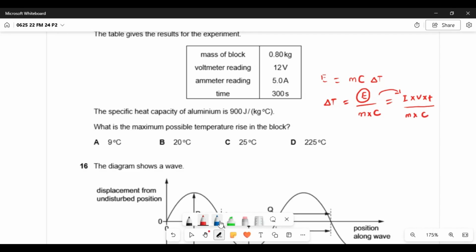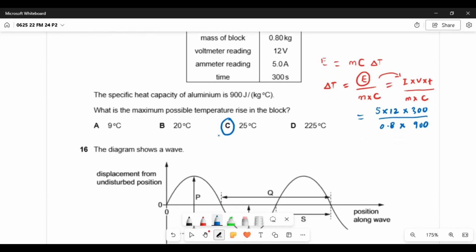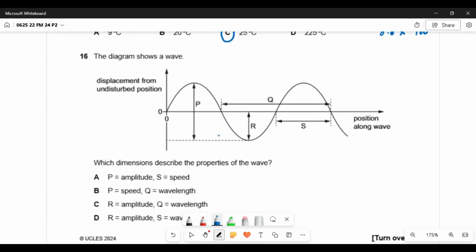So when I substitute these values, I have current of 5 ampere, voltage 12, time is 300 seconds, over mass 0.8 times the specific heat 900. On dividing all of this, I get 25 degrees Celsius as the rise in temperature.